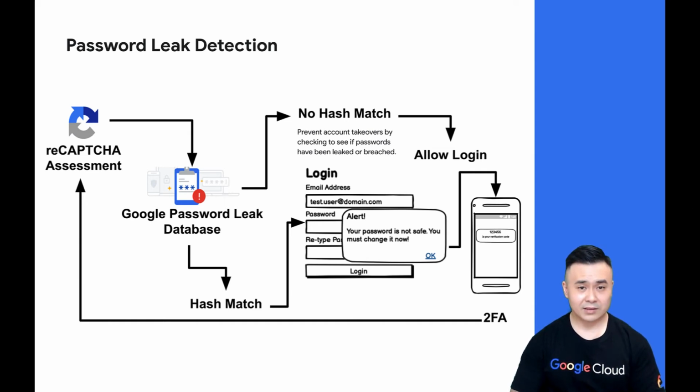If there isn't a hash match, that's okay, people can log in. If there is a hash match, then you can choose to take the returned assessment JSON to kick off different workflows, such as prompting the user for second-factor authentication, for which you can use the integrated feature from reCAPTCHA Enterprise as well.